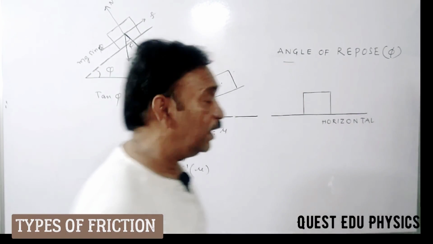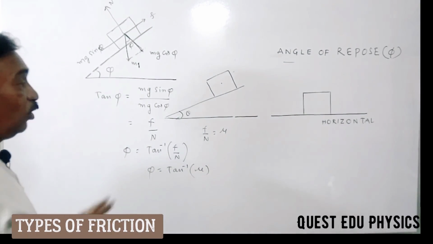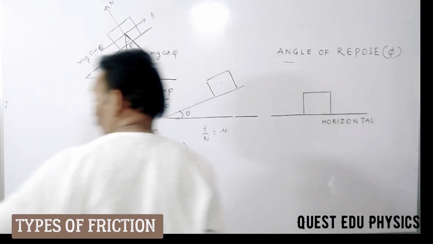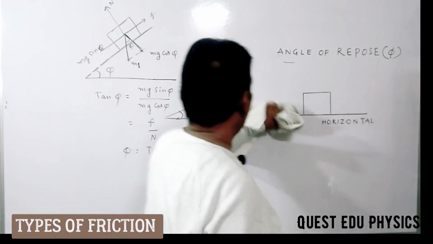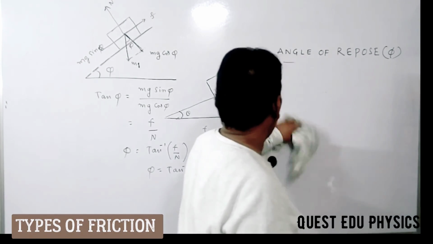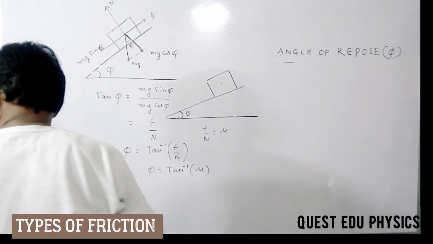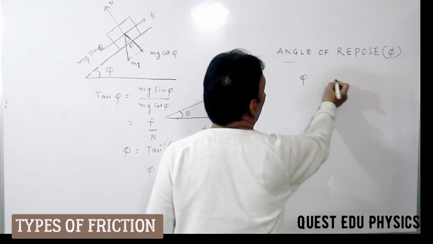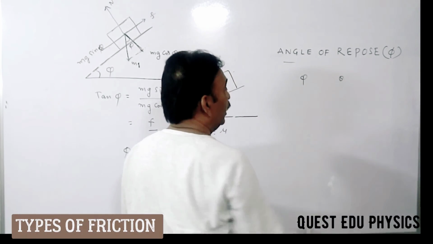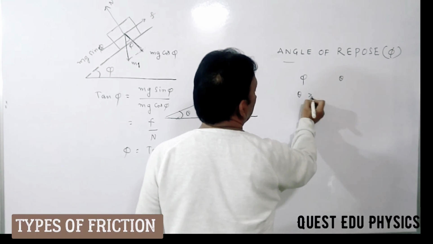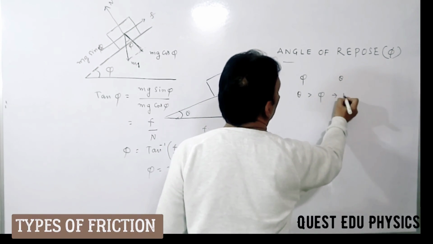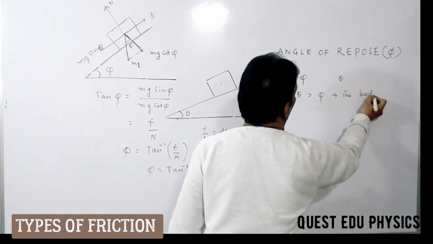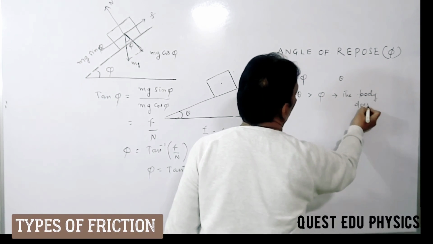Then after we will find the relations between this angle of friction and angle of repose. Here we are relating phi and theta. If theta is greater than phi, the body does not move.